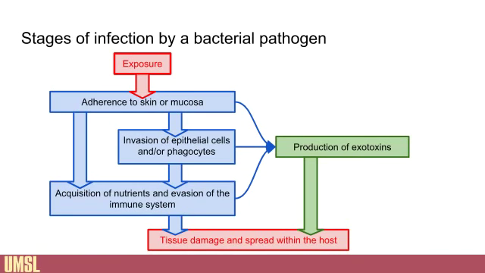There are all of these pathogen-driven processes that are key components of their infectious life cycle. We've seen how some of these processes connect to tissue damage and spread within the host, but today we're going to delve into AB toxins, contrasting our discussion of type 1 and type 2 toxins.